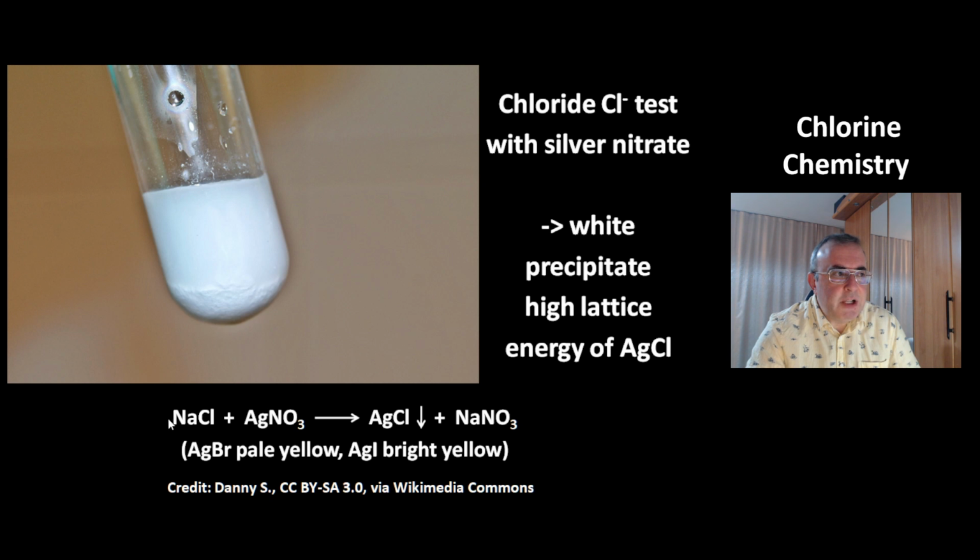So this is the chemical reaction: sodium chloride plus silver nitrate gives you silver chloride precipitate plus sodium nitrate. And with bromide ions, you get a pale yellow precipitate, and with iodide ions, you get a bright yellow precipitate.